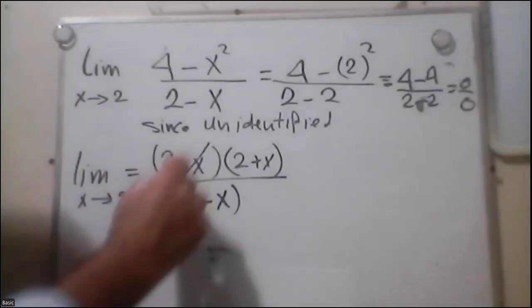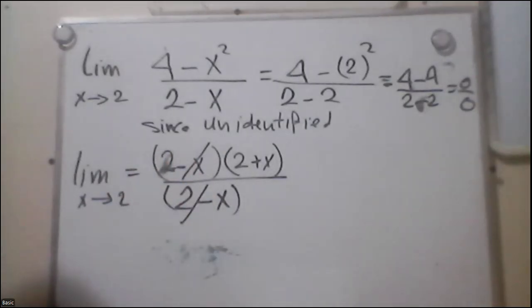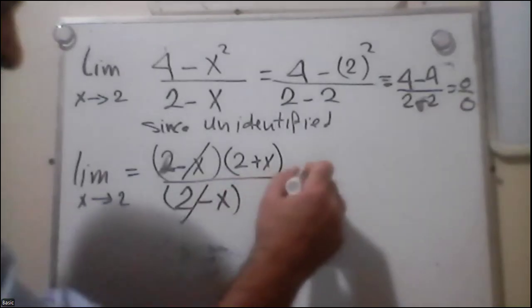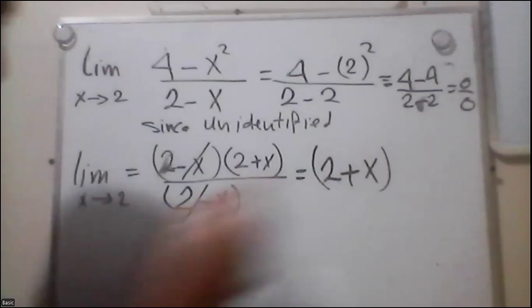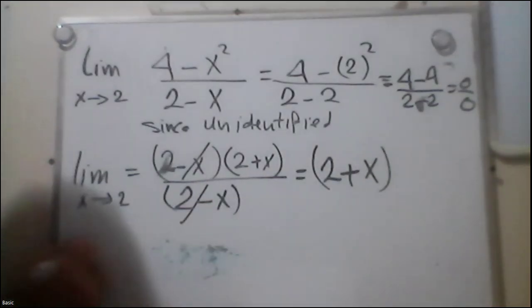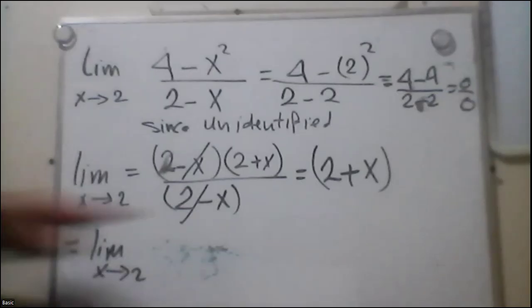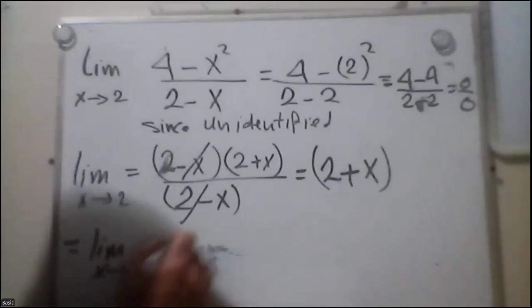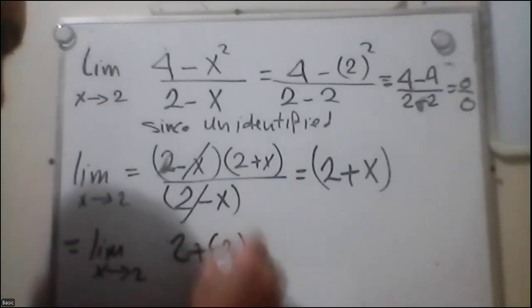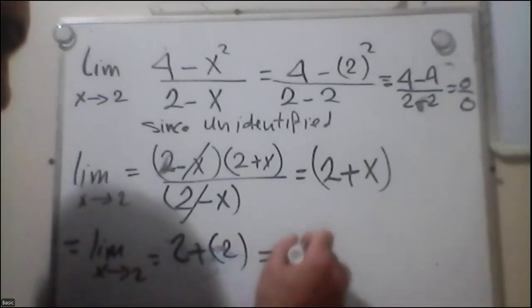So I will cancel 2 minus x, and it will equal 2 plus x. Then the limit as x approaches 2: I take x and substitute with 2. So it will equal 2 plus 2, which equals 4. And that's it.